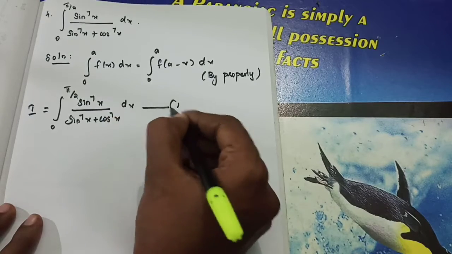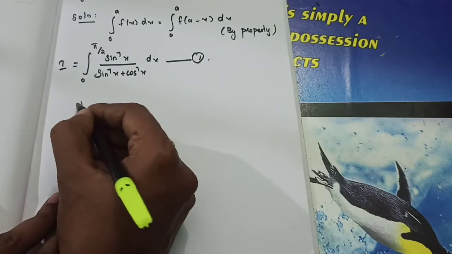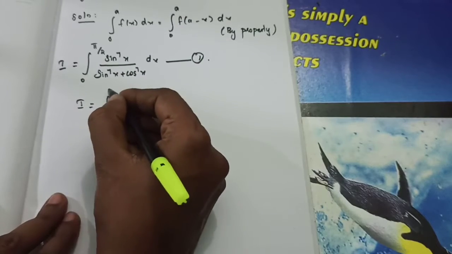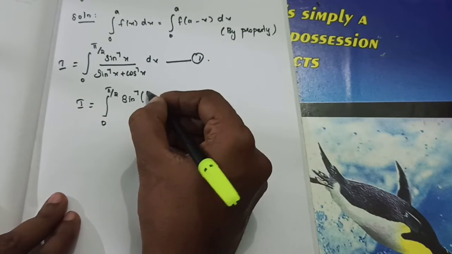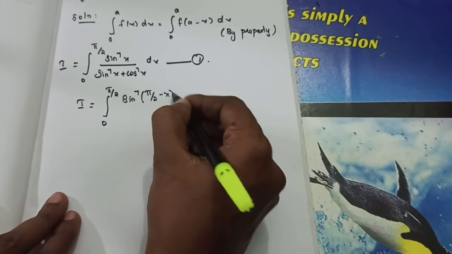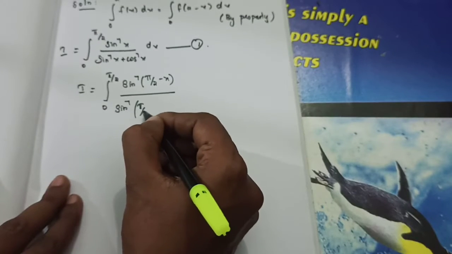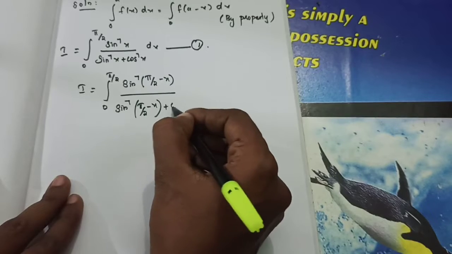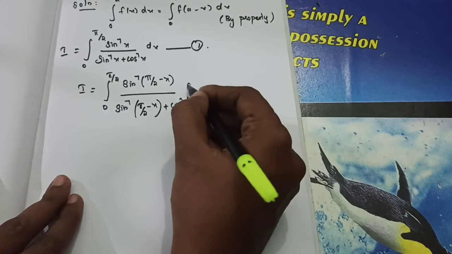This is equation number 1. Next, in the place of this you need to substitute. That is I is equal to 0 to pi by 2 of sine power 7 of (a minus x), the a value is pi by 2 minus x, divided by sine power 7 of (pi by 2 minus x) plus cos power 7 of (pi by 2 minus x) dx.